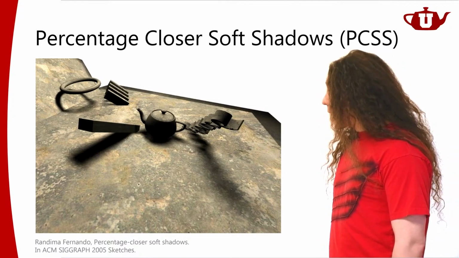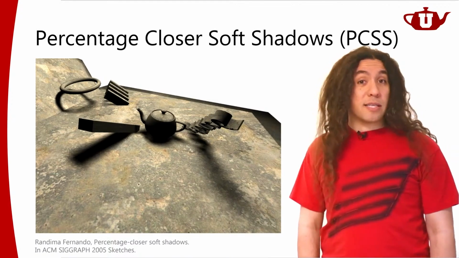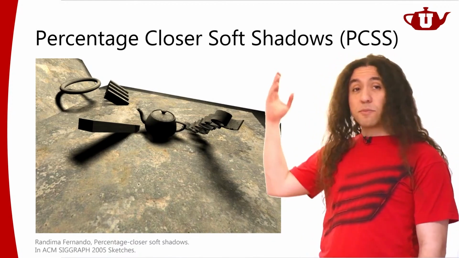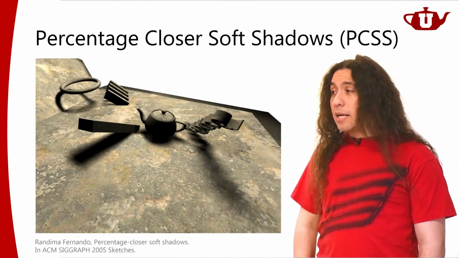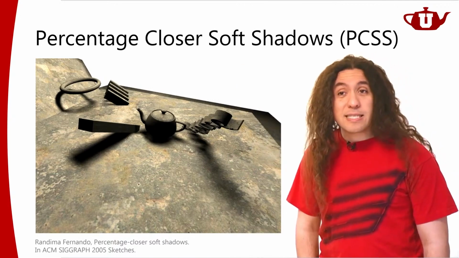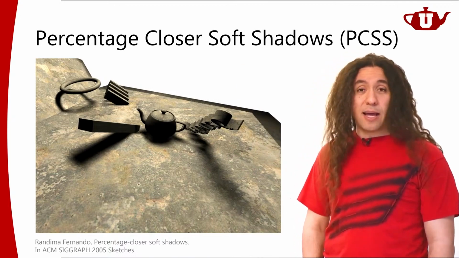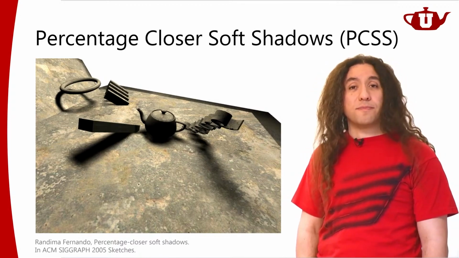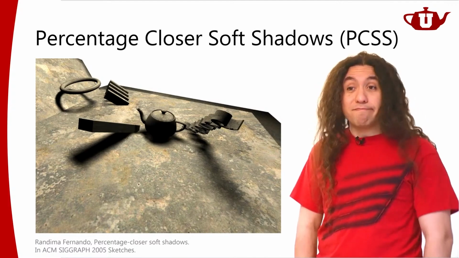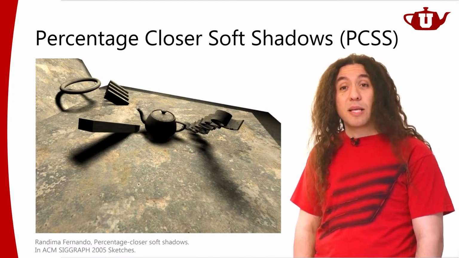So there's a bit of cost associated with percentage closer filtering. This method is not going to be as efficient, as fast as just computing regular hard shadows. But it gives you soft shadows, so in that sense, it's pretty good.